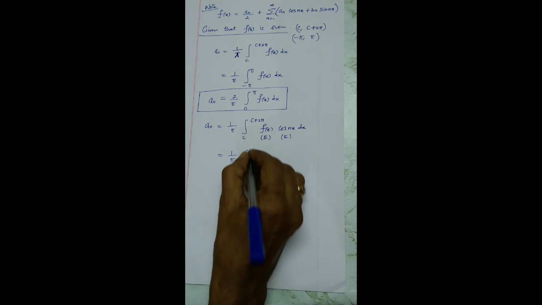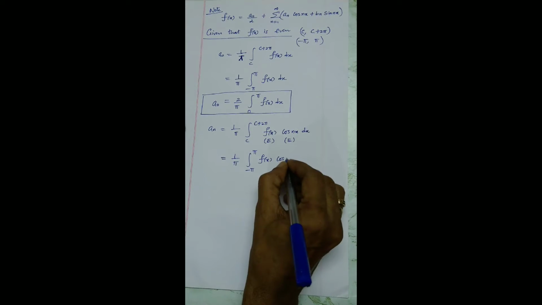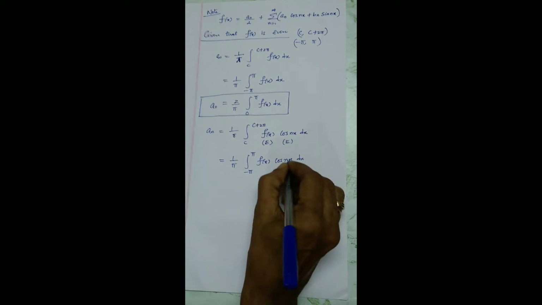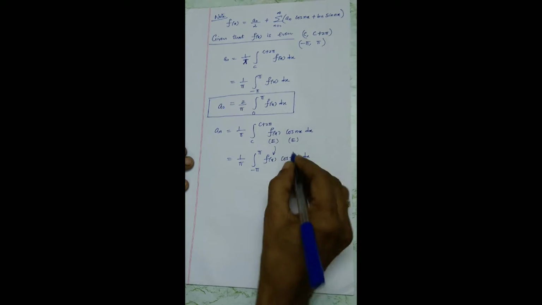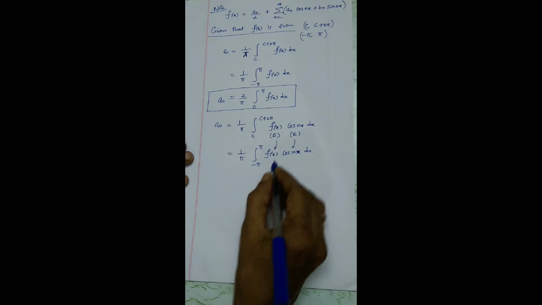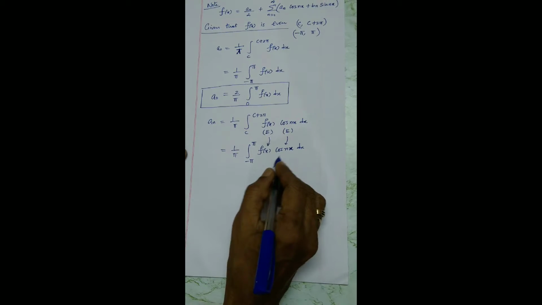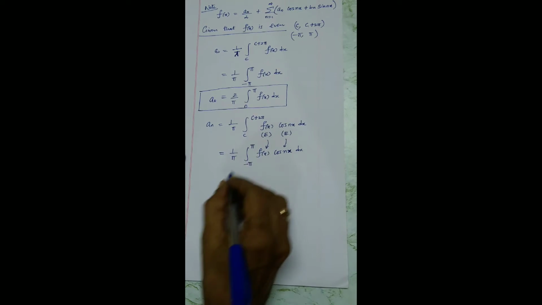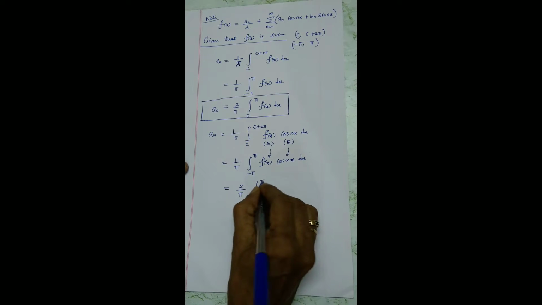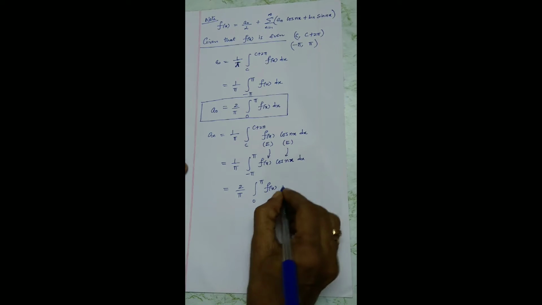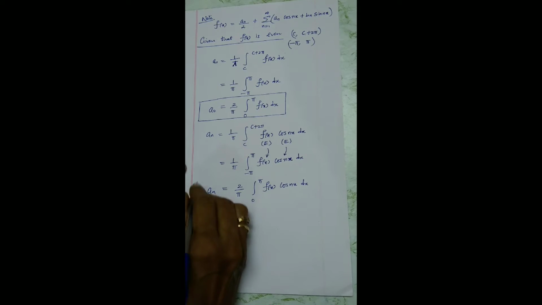Let us take minus pi to pi, f of x cos nx dx. I am substituting the particular case. Now only you have to analyze. Yes, this is an even function, this is also an even function. Even into even is even, therefore the entire integrand is even. If the integrand is even, I can apply the property. So 2 by pi integral 0 to pi of f of x cos nx dx. So this is my an.